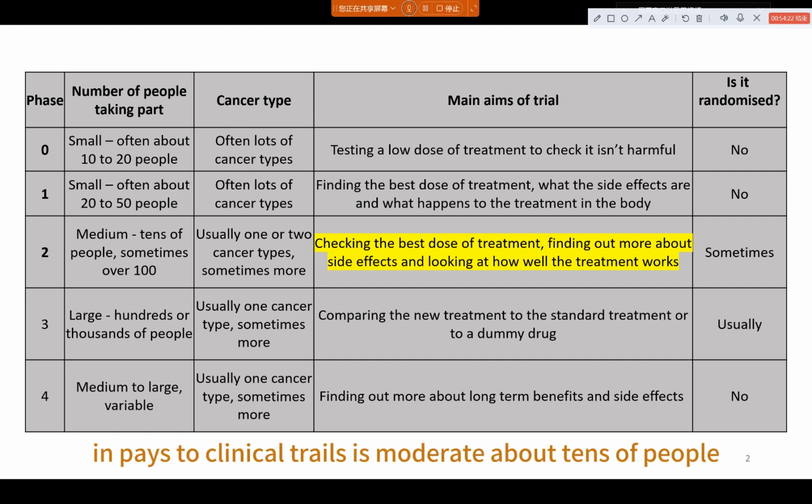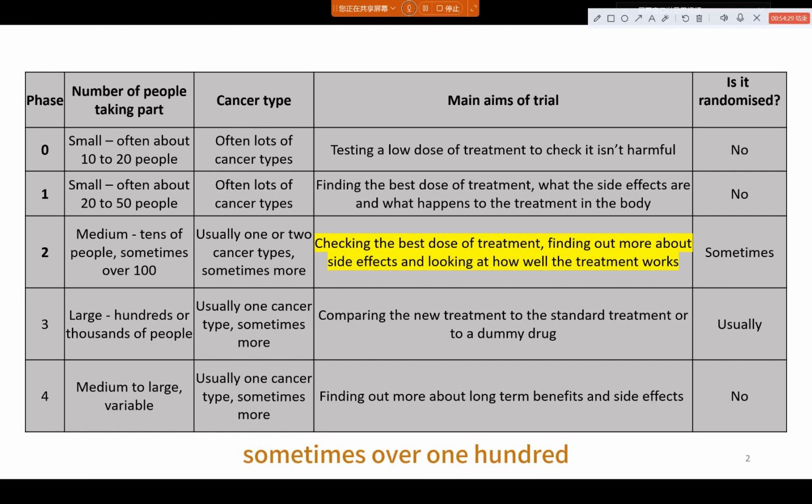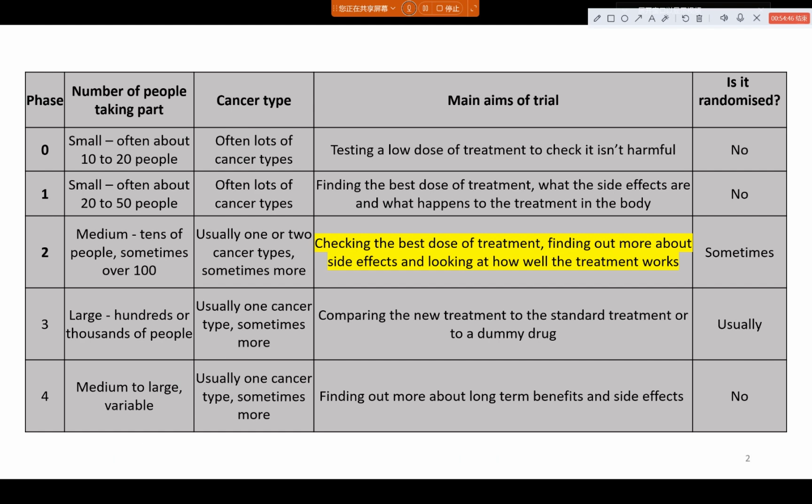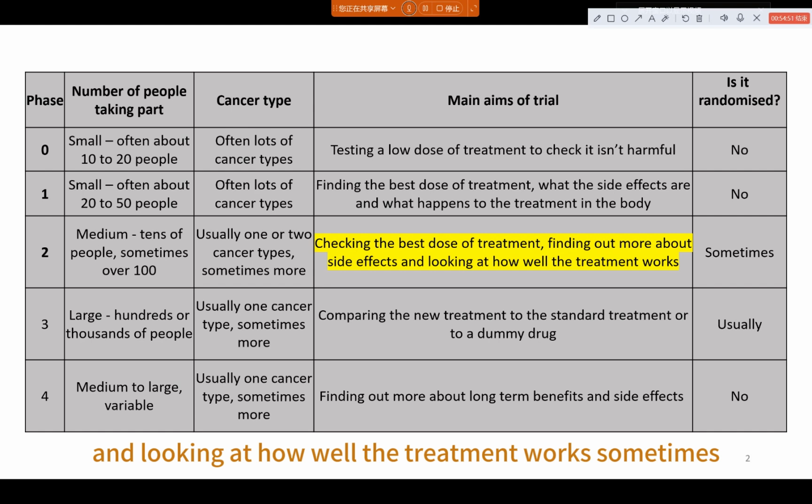The number of participants in phase 2 clinical trials is moderate, about tens of people, sometimes over 100. They usually have one or two cancer types, sometimes more. The main purpose of phase 2 trials is checking the best dose of treatment, finding out more about side effects, and looking at how well the treatment works.